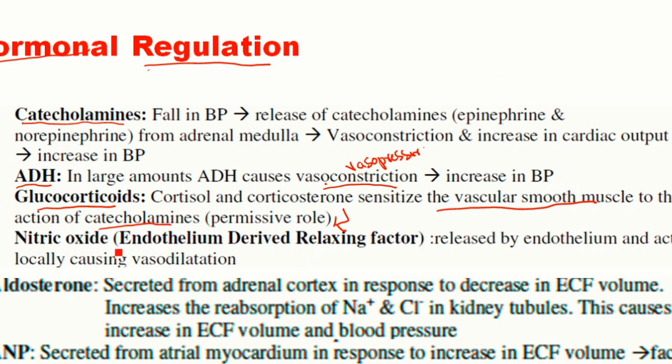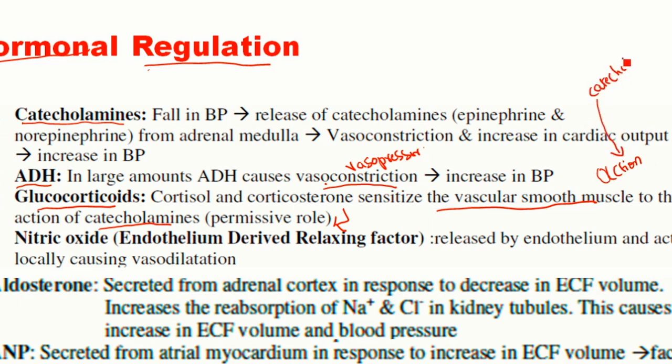Cortisol and corticosterone are needed for sensitizing the vascular smooth muscle to the action of catecholamines. Permissive action means that for one hormone to execute its action, another hormone or gland is helping.